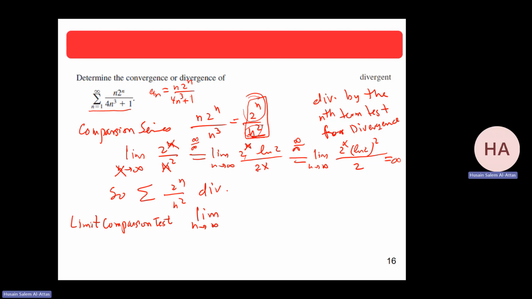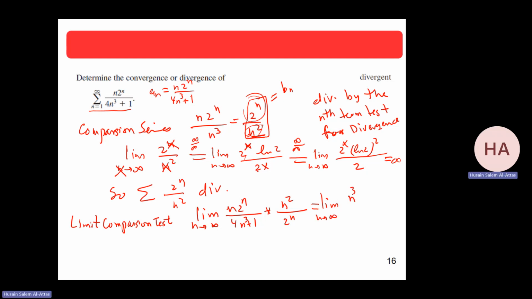And this is my b_n. So do the limit of n 2 to the power n over 4 n cubed plus 1, and instead of dividing, I multiply by the reciprocal, which is n squared over 2 to the power n.